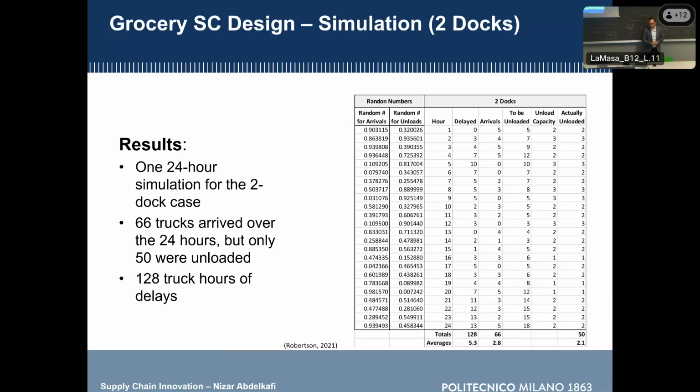Then, as you can see here, it is a simulation run with 2 docks. One 24-hour simulation for the 2 dock case. 66 trucks arrived over the 24 hours, but only 50 were unloaded. There has been 128 truck hours of delays.